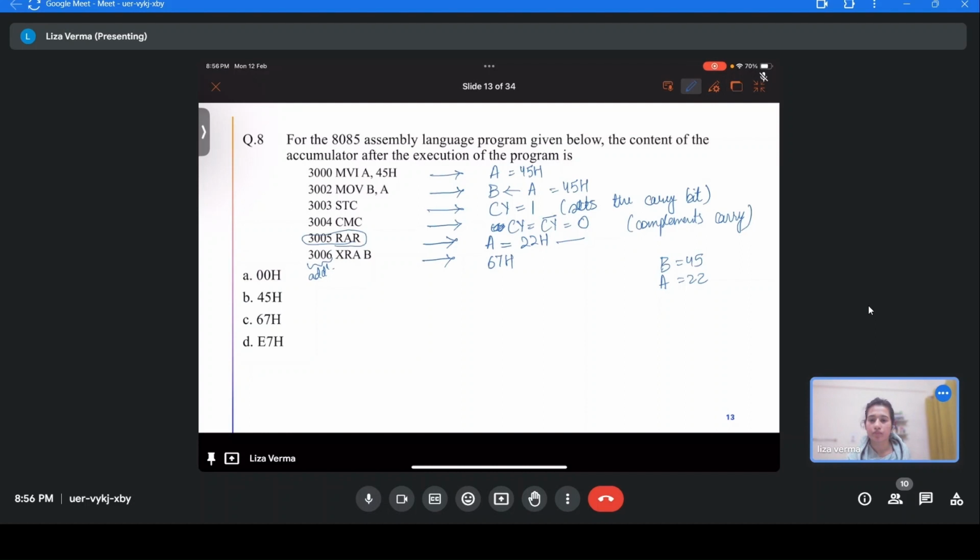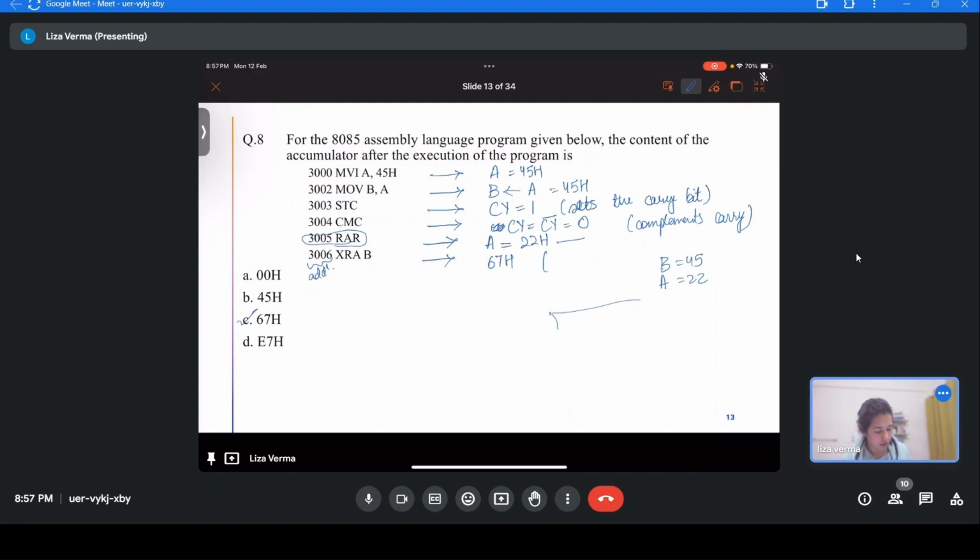You can try doing this bit by bit and you'll get 67. Since we are running out of time, I don't want to spend time on this. So 67H, and C is the correct answer.